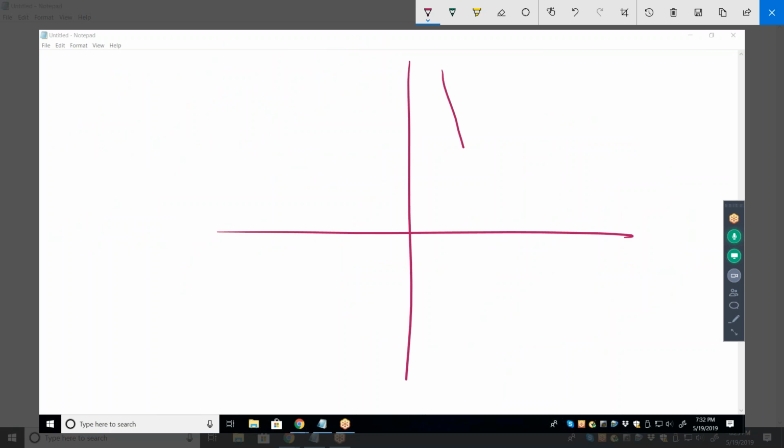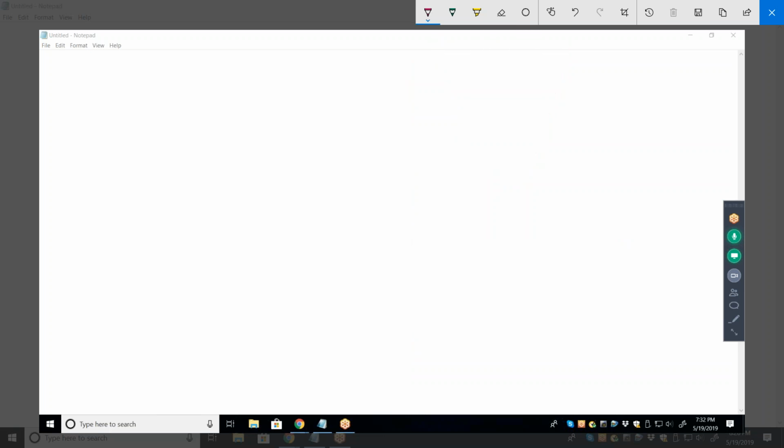I can have a parabola like that, and if you tried to solve for the x-intercepts, you'd get imaginary numbers. But there's no way to draw a parabola where it doesn't go through the y-axis, at least not a vertical parabola. There are horizontal parabolas that are part of conic sections where you could do it, but not a vertical parabola. It either has to go up or go down, which means it always crosses the y-axis.